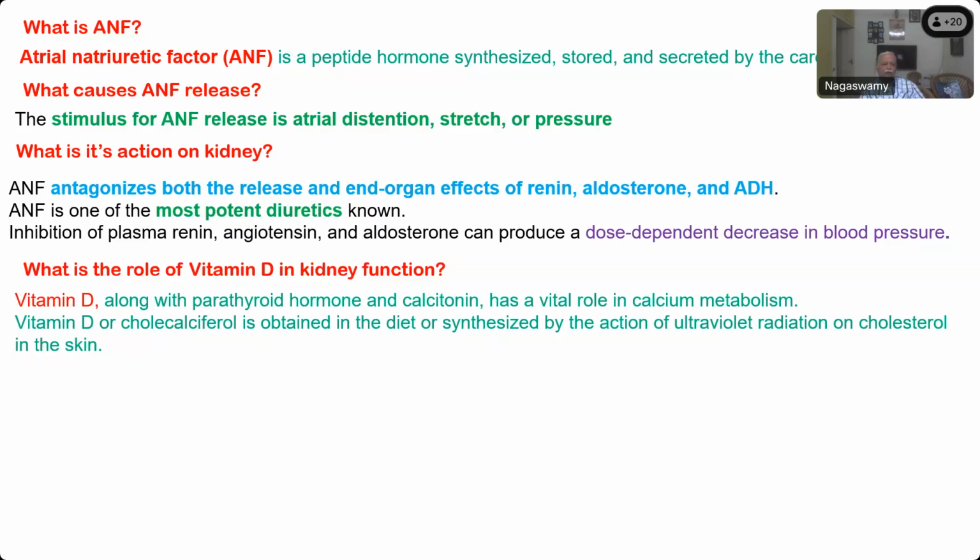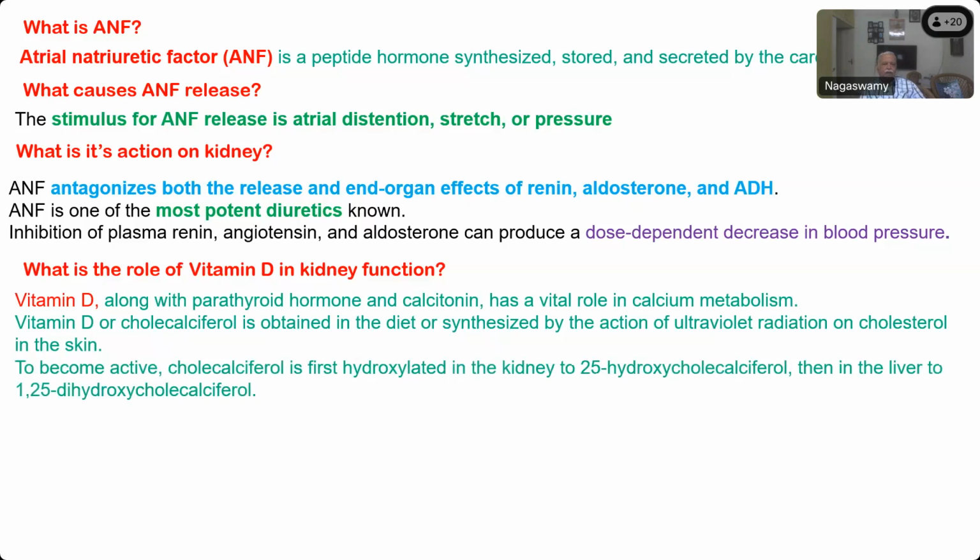And to become active, this cholecalciferol is not a drug or hormone which can directly act. So it has to be activated first at the kidney level by adding one hydroxyl group at the 25th position of its carbon nucleus. Then it goes to the liver, where another hydroxyl group is added in the first position.